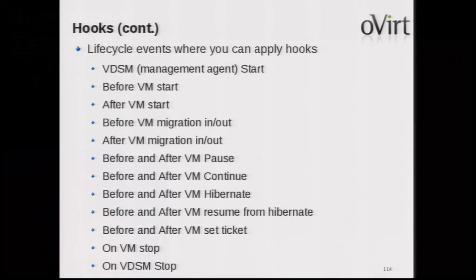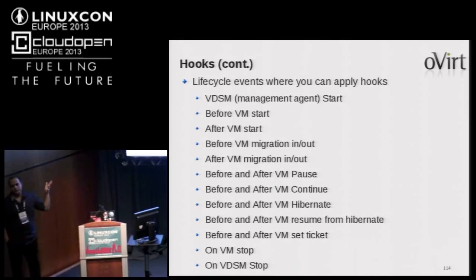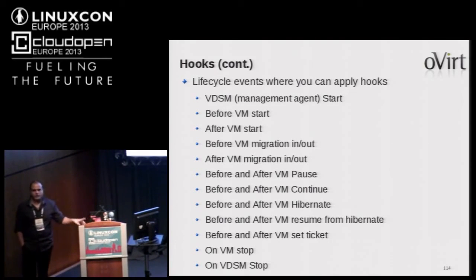In case of migration, the domain XML doesn't change unless... I'm not sure you can change that. Omer, perhaps you know. You can change the domain XML on VM migration or not? In this case, you won't need to, by the way, because the domain XML contains the device. But if the VM migrates to another host, it doesn't have the proper hook. No, but it doesn't need the hook. In this case, it doesn't really need the hook.